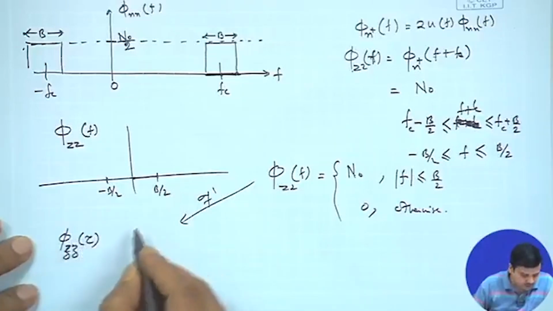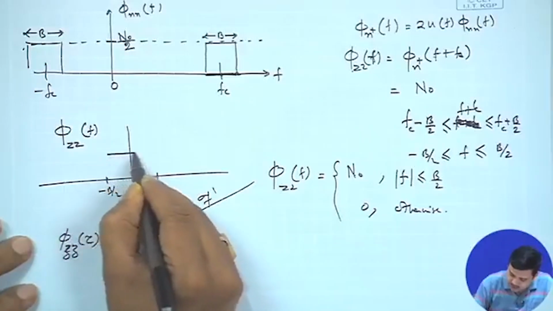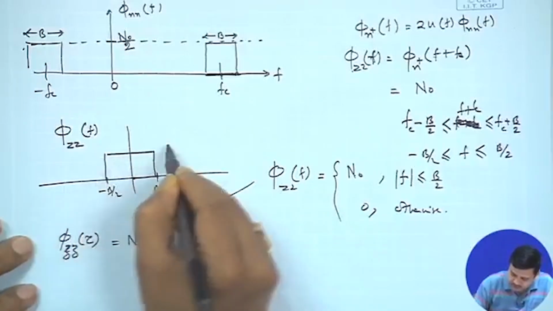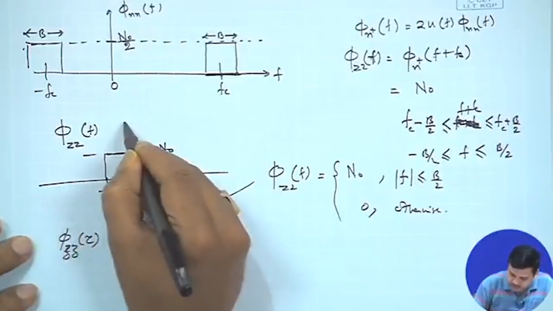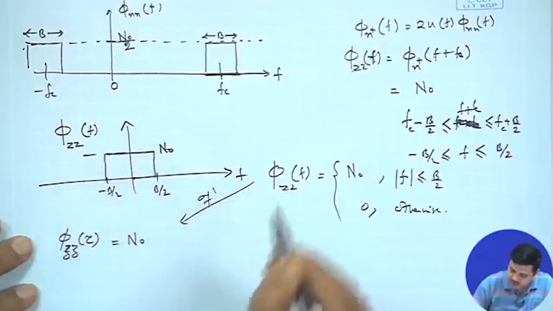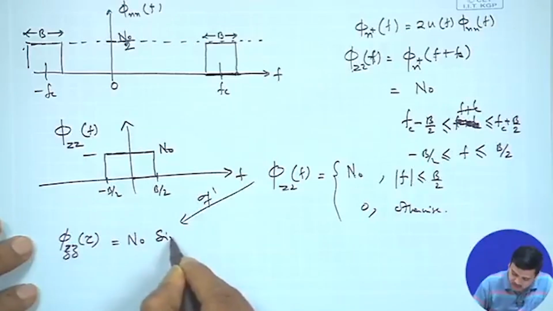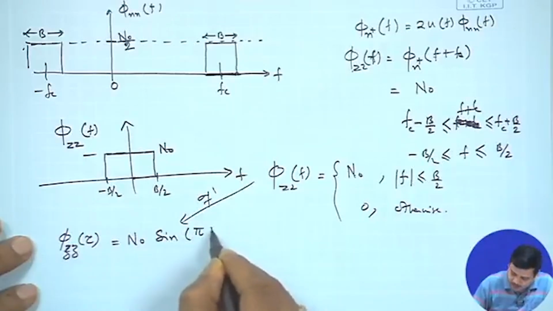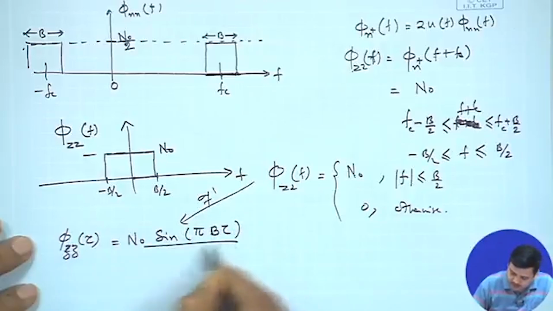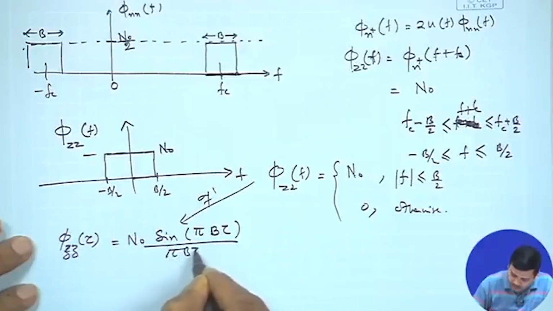Now, from this you could calculate the inverse Fourier transform, and you would get phi z z of tau, which is equal to n naught sin pi b tau upon pi b tau.